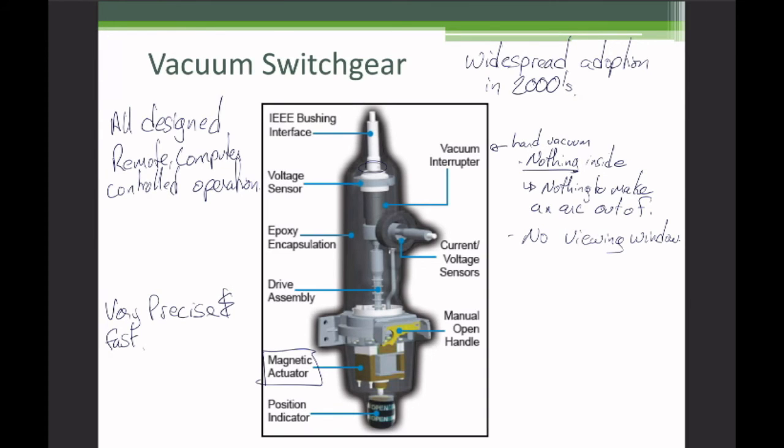The other thing is with that design around computer and remote as the default, that means we're going to have instrument transformers built in to measure the flow of current and voltage through the switch. That's going to be available to us on all of our designs. So if you ever have to operate a switch, you're going to get to the control panel at the bottom and it'll tell you exactly how many amps are flowing, what the voltage is, and it's probably relaying that information back to a central control panel room somewhere.